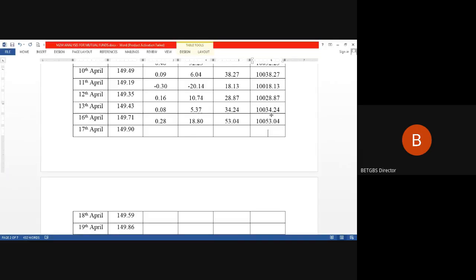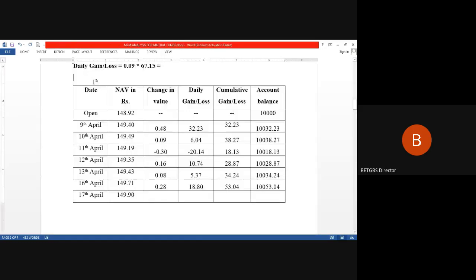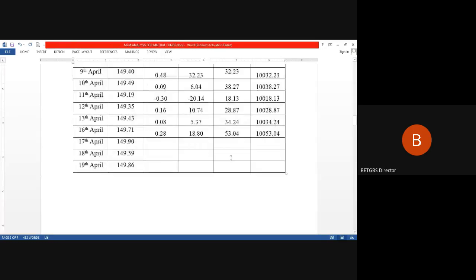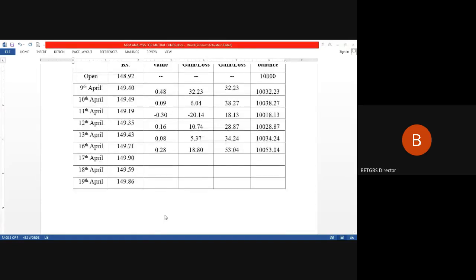So this is what on this date, 13th, will be 149.9 minus 149.71. So 19 paise is the change, then multiplied by 67.15.